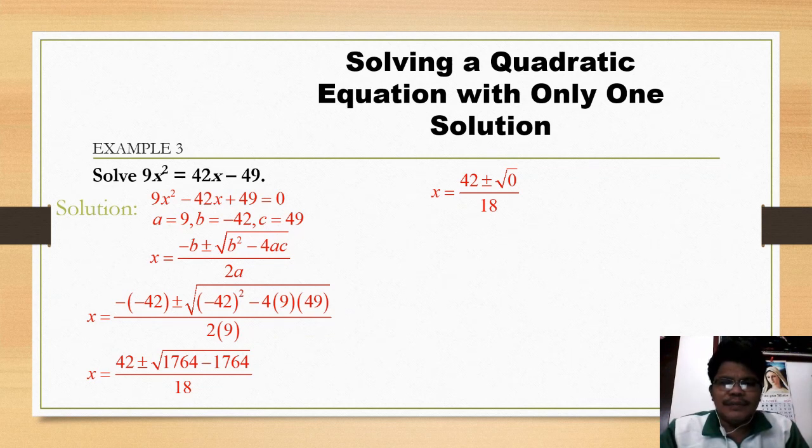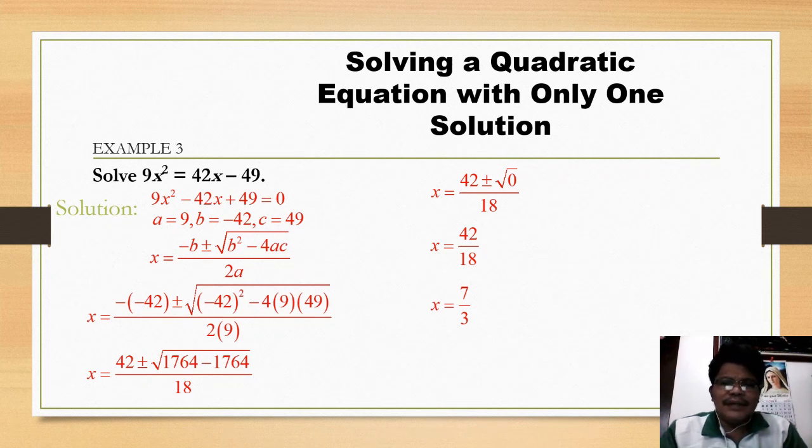And what is the square root of 0? Of course, the answer is 0. Now, simplify again. So it becomes now 42 over 18. And then think of a number, once you divide it by 42, masisimplify siya, the same number na i-divide doon sa 18. So the answer now is 7 over 3.